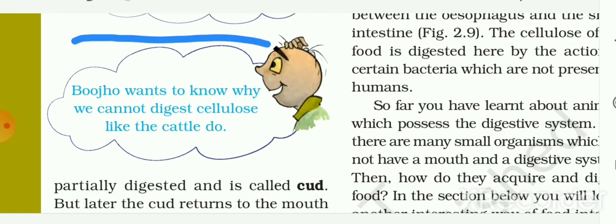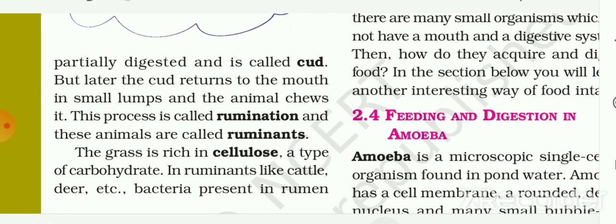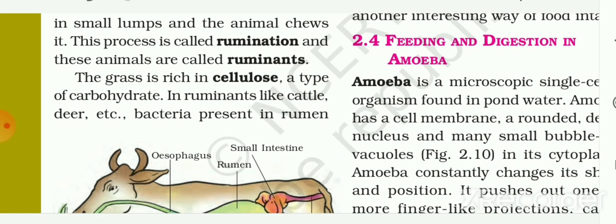And Boojho wants to know why we cannot digest cellulose like cattle do. That we will see in this topic. Later the cud returns to the mouth in small lumps and the animals chew it, and this process is called rumination. These animals are called ruminants. The grass is rich in cellulose, a type of carbohydrate.